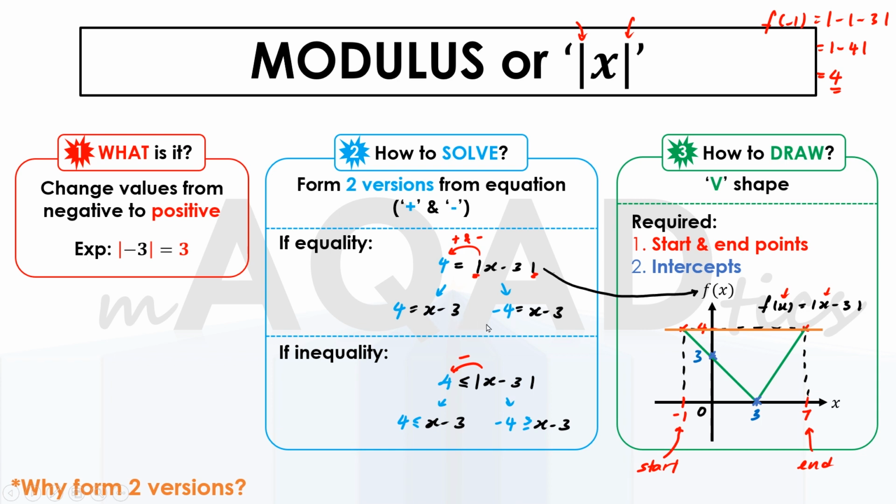So if you continue to solve, this one you will get x equals to 7, which is the end point's x coordinate, and this one is actually x equals to -1, which is the x coordinate for the starting point. Okay, so why we need to form two versions? Because for one y value, we have two different x values. Okay, so this is why we need to form two versions to completely solve this equation.